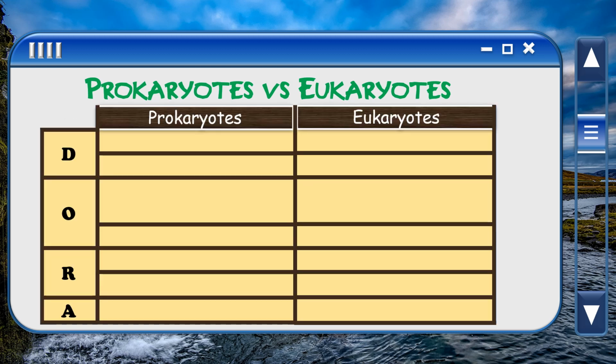Now let us look at the differences between prokaryotes and eukaryotes. We shall use the mnemonic DORA. D is for DNA.